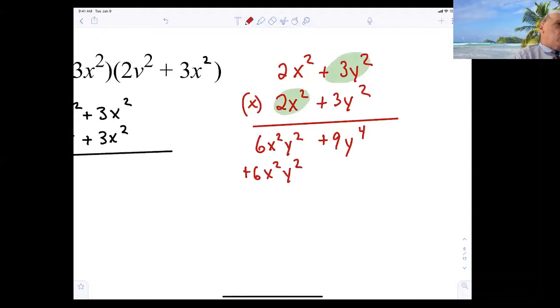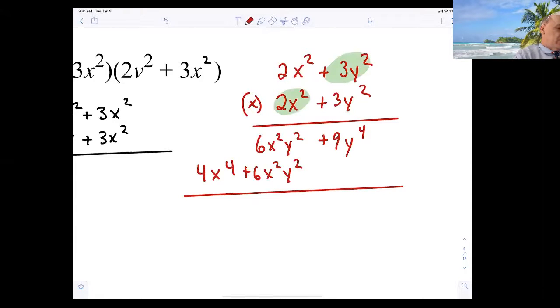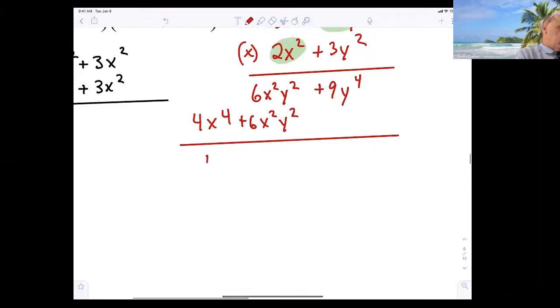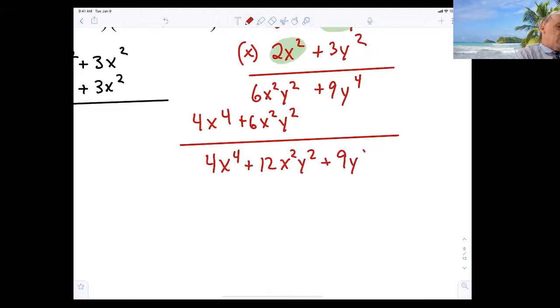Beautiful. x squared y squared. And now what's 2x squared times 2x squared? Yes, 4x to the 4th. Final answer: 4x to the 4th plus 12x squared y squared plus 9y to the 4th.